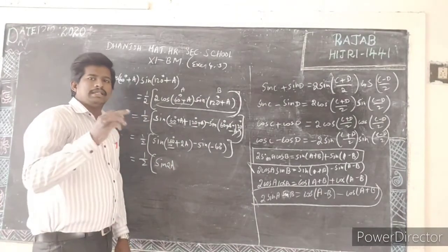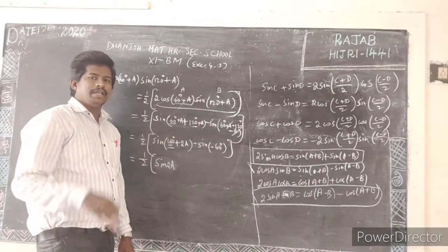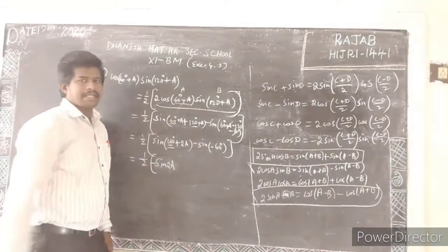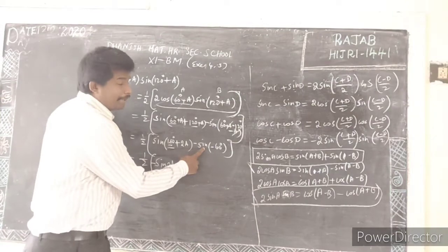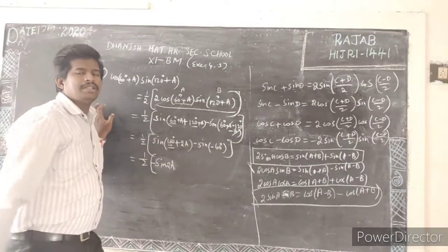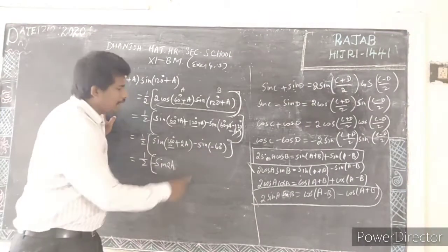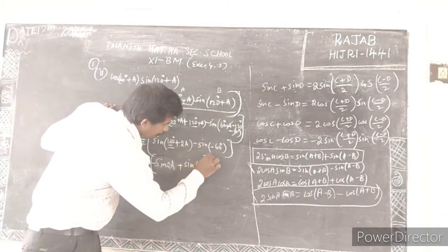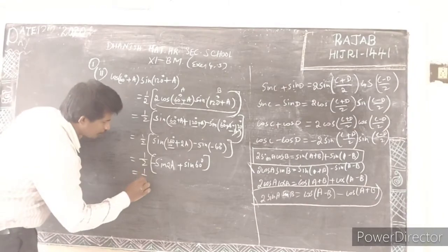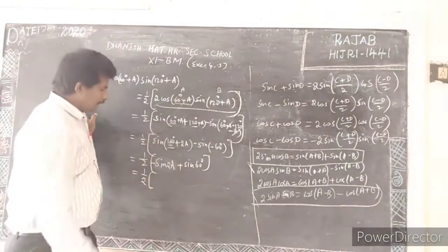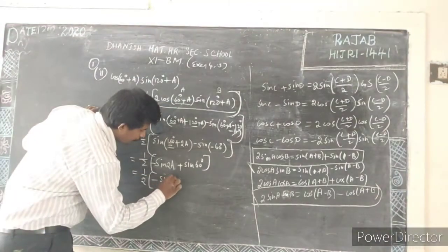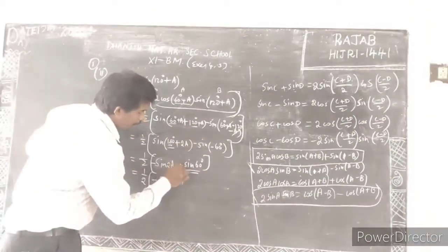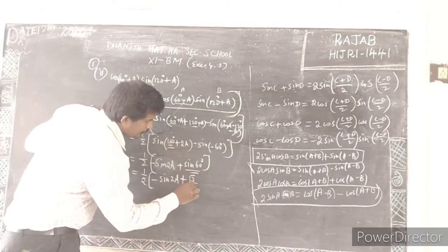In the third quadrant, tan and cot are positive, the remaining are negative. So here we have sin, so it will become minus sin 2a. By using the property sin of minus theta equal to minus sin theta, it will become plus sin 60 degree. Now this is 1 by 2 into minus sin 2a plus sin 60 degree, and sin 60 degree is root 3 divided by 2.